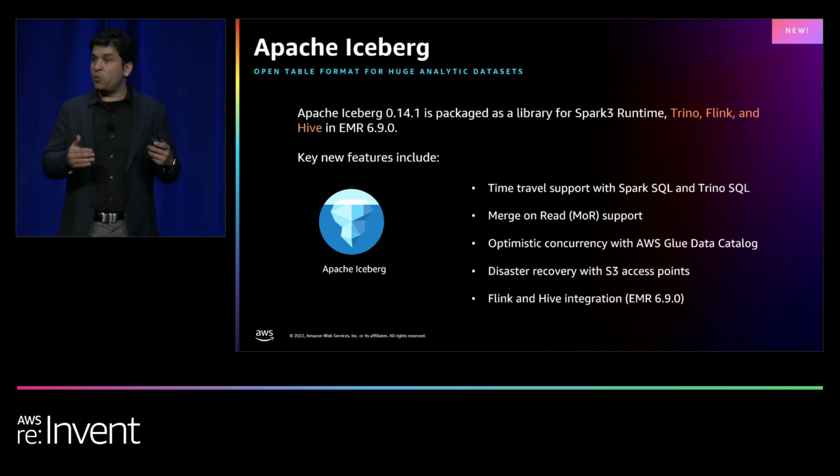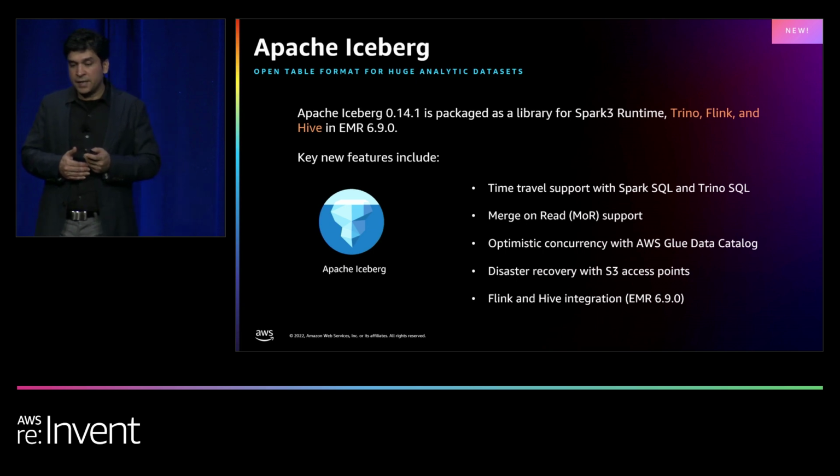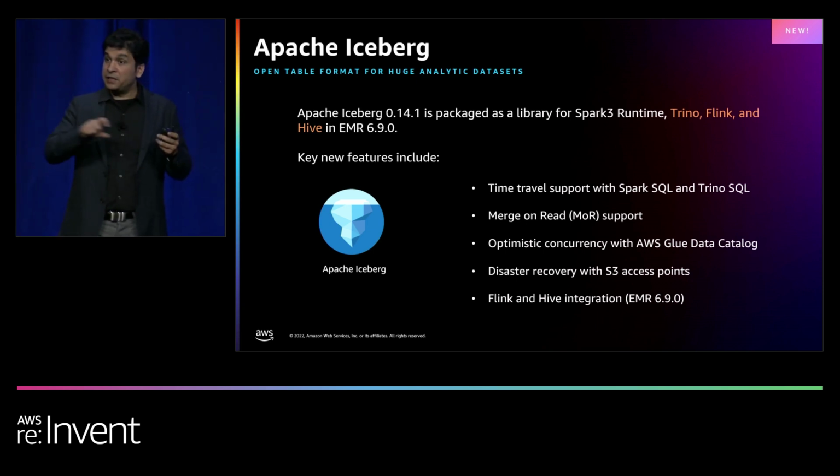Iceberg is doing work on merge on read, and this year they have merge on read support. What merge on read means is that as changes come in, they're written as delta files and not compacted into the final table, and the readers will see a merged view of the changes and the final table so as to get the final snapshot of data.